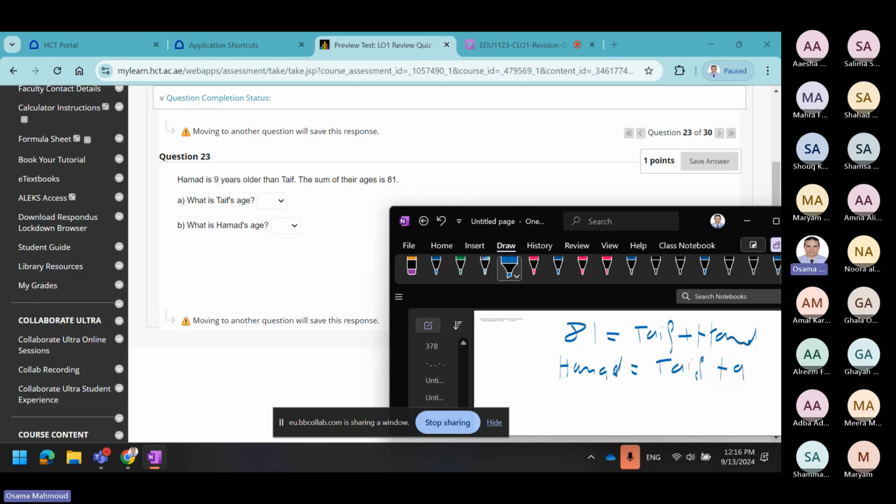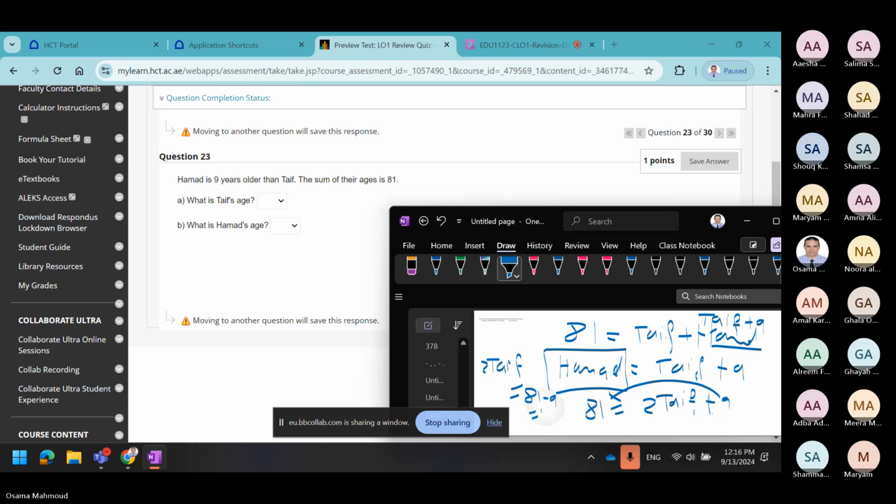So I have two choices here, right? I'm looking for Taif, so I replace Hamad by Taif plus 9, right? So I have Taif and Taif, so I have 2 times Taif's age plus 9 equal to 81. I get this one to the other side, so I have 2 Taif equal to 81 minus 9, which is 72.